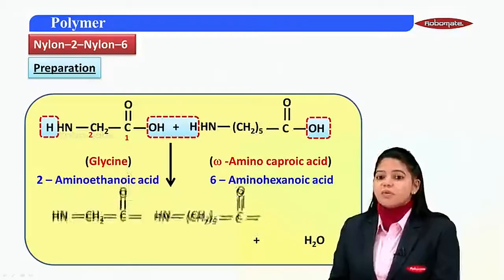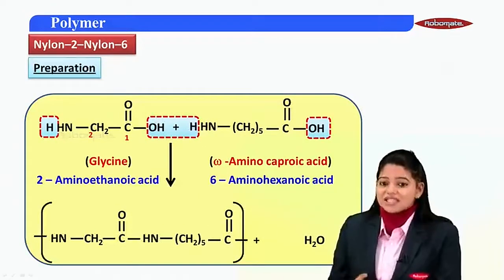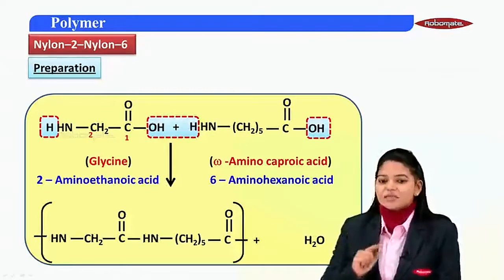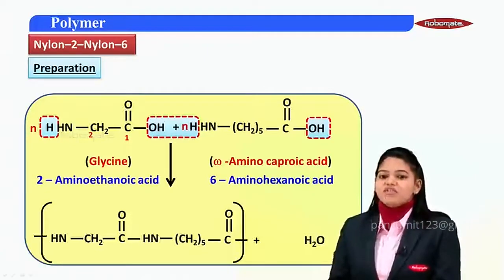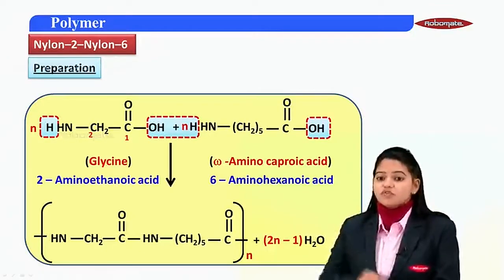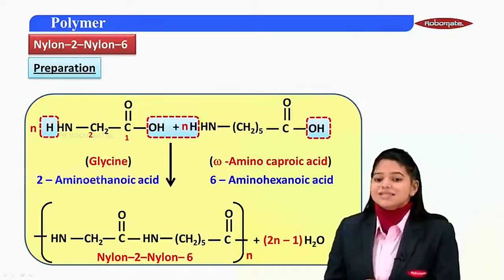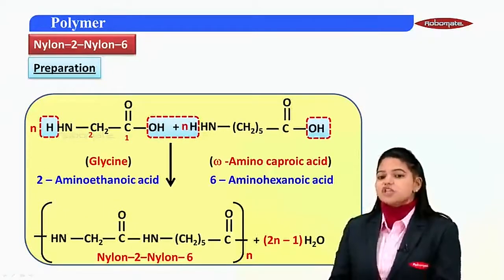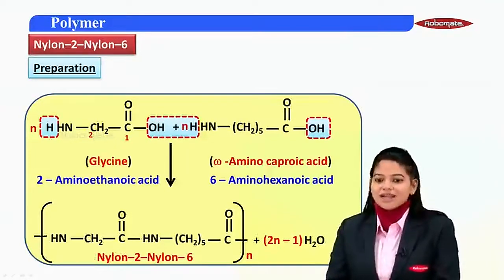The chain which is formed is NH, CH2, C double bond O, NH, CH2 5, and C double bond O. When n number of such monomers are taken, we get a polymer with 2n-1 H2O molecules. This polymer which is formed is named nylon 2-nylon 6. If you notice here, the linkage present is C double bond O NH, which is an amide linkage.